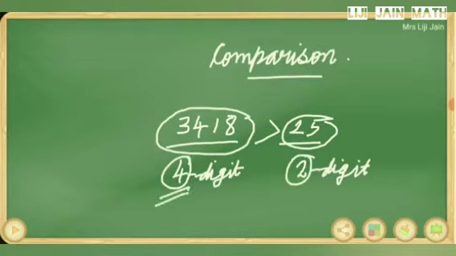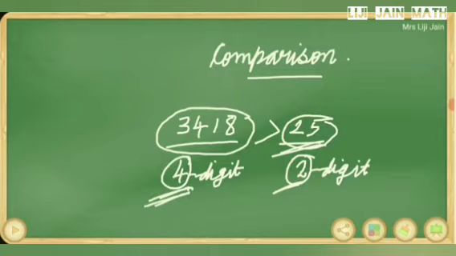So if the number of digits are different, that means the first number and second number have different number of digits, then the number with more number of digits will be the greater one.